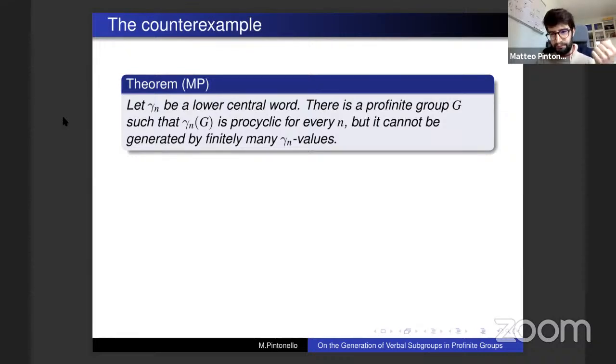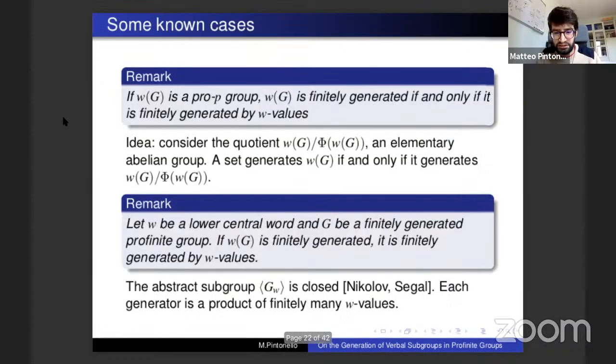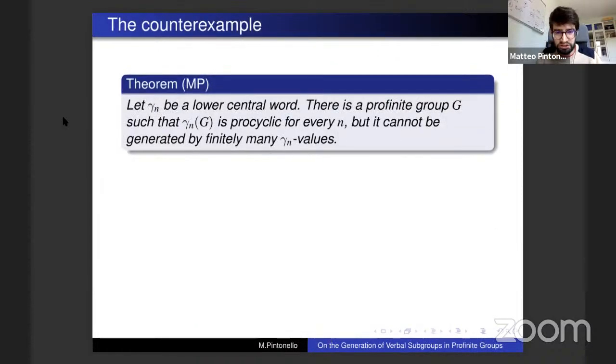Notice that procyclic is exactly topologically one-generated, so finitely generated, but it actually cannot be generated by finitely many word values. One remark is that our group G cannot be finitely generated, because otherwise it would contradict the consequence of Nikolov-Segal. So it is necessarily infinitely generated.